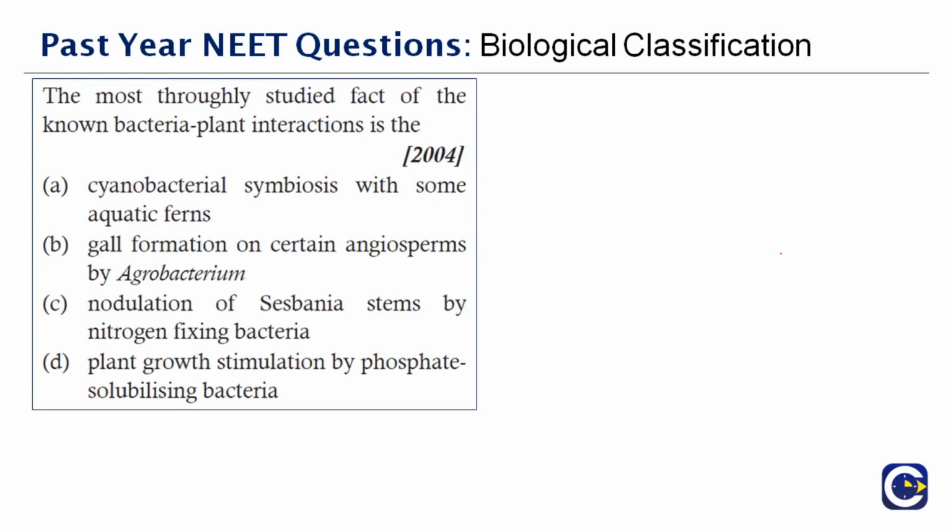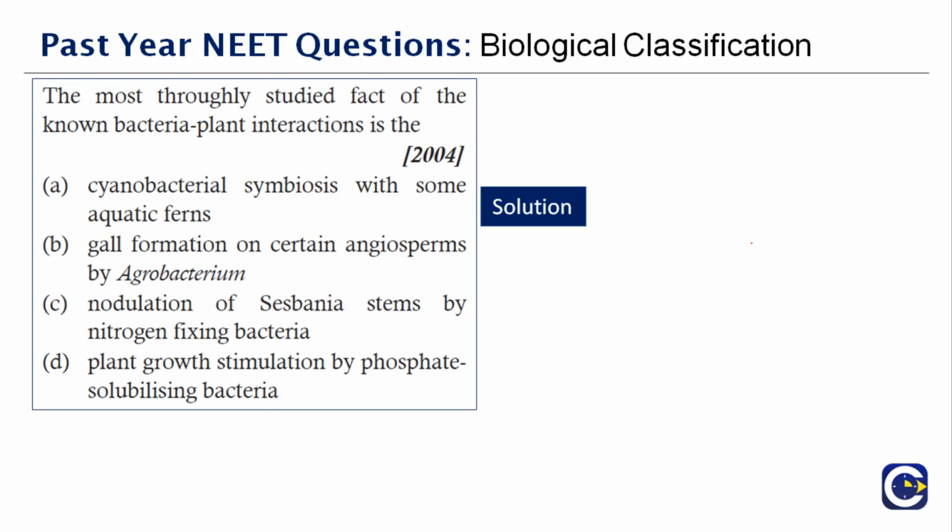Okay. Next question here. The most thoroughly studied fact of the known bacterial plant interaction is the dash. So this is a standard question here. You just need to know the answer. The one which is studied closely is the gall formation on certain angiosperms by Agrobacterium. You must have heard about this in your classes or in your other studies.